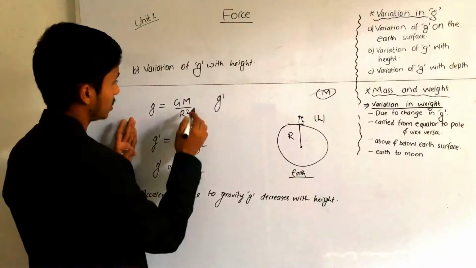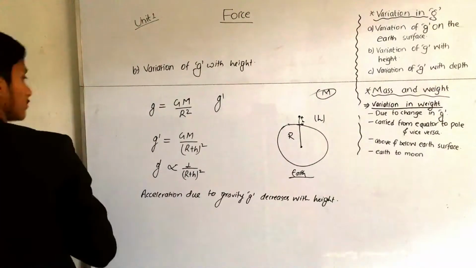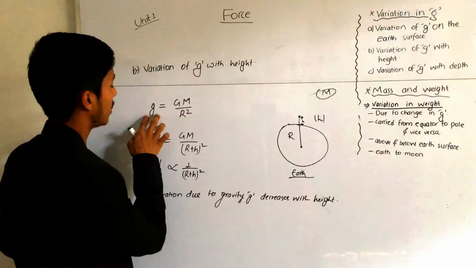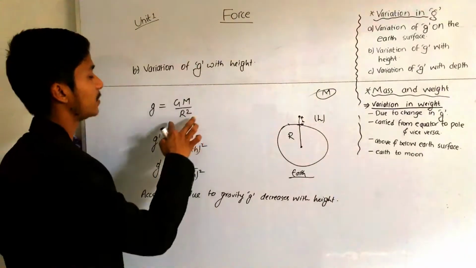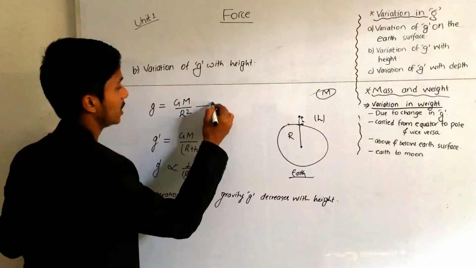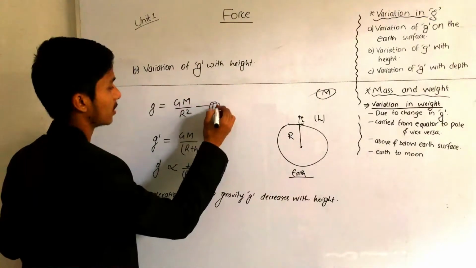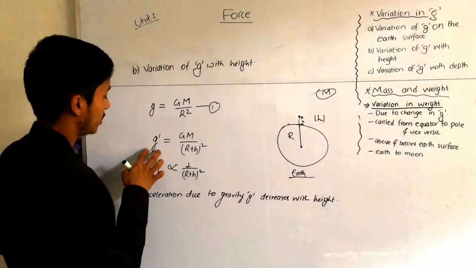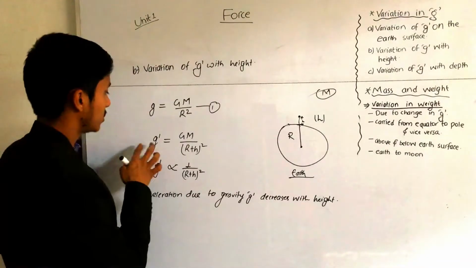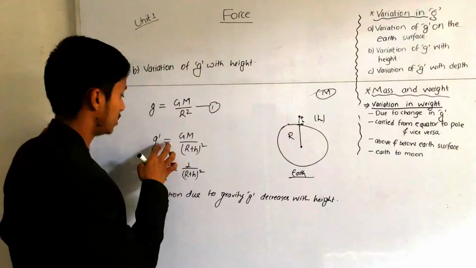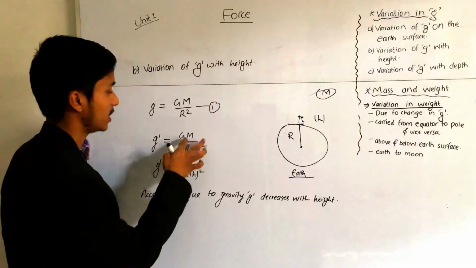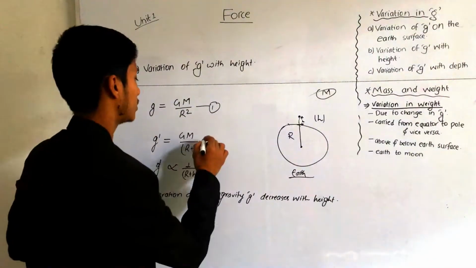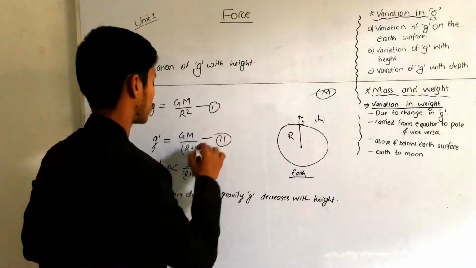As we know, the formula of acceleration due to gravity is capital G capital M by R square. Let this be equation 1. And acceleration due to gravity at a certain height is what? The formula is this one, capital G capital M by R plus H whole square. Let this be equation 2.